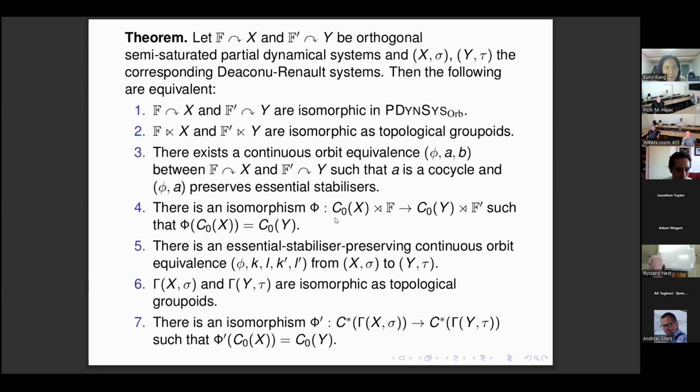But why do you care that they are free groups? There are a lot of examples, for instance graph system algebras, where we use free groups to define a partial dynamical system that gives us the algebra that we want.